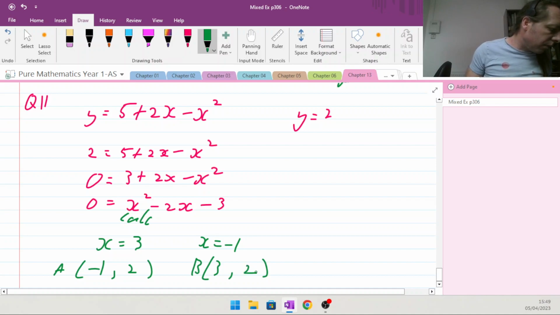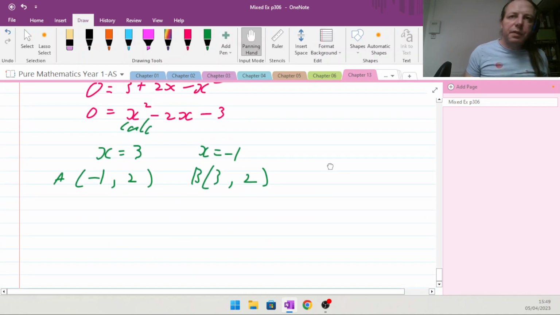Okay. The shaded region R is bound by the curve and the line. Find R. Okay, first things first.